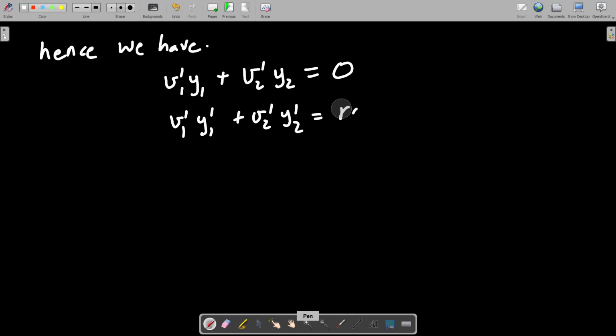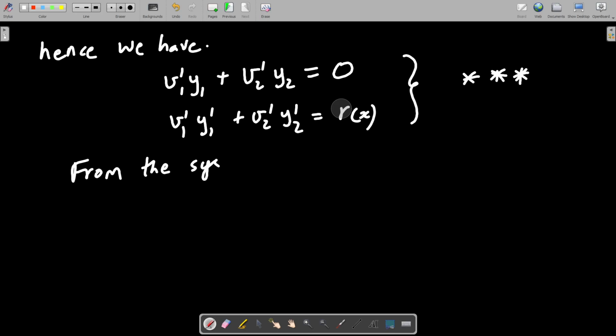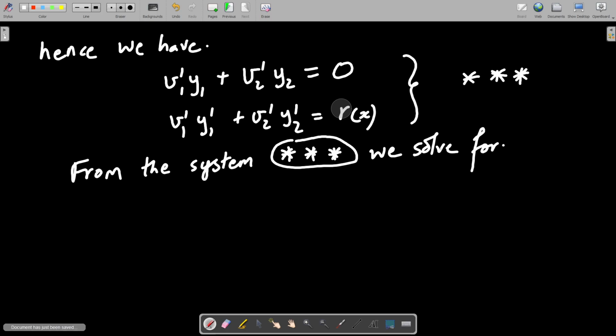It's equal to Rx. So from this system, we'll call this 3 star, we solve for v1 prime and v2 prime. Then we can integrate and get the answer over here.